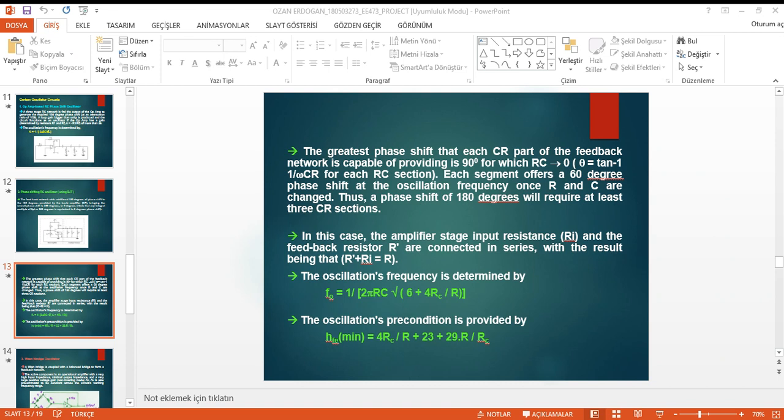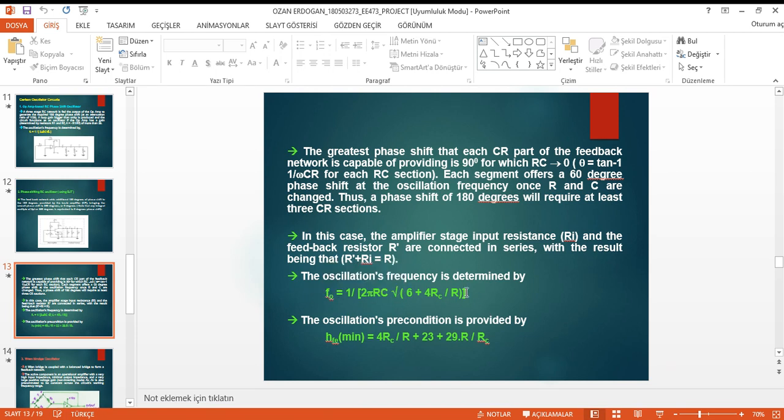When this signal is fed back to the input of the amplifier, it will again be phase shifted by 180 degrees. If the loop gain is equal to unity, then sustained oscillations will be produced. By simplifying the circuit with the equivalent AC circuit, we get the frequency of oscillations.